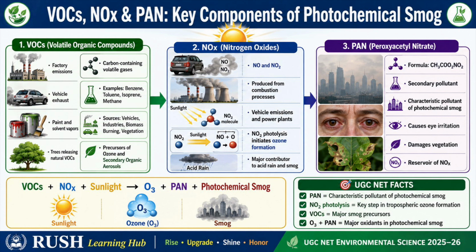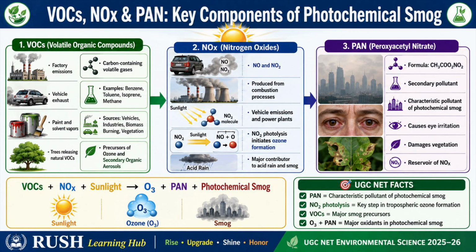For UGC NET examinations, remember this important fact. NO2 photolysis is the key step in the formation of tropospheric ozone. In addition to ozone formation, nitrogen oxides also contribute to acid rain and photochemical smog. Therefore, NOx compounds are among the most important atmospheric pollutants.